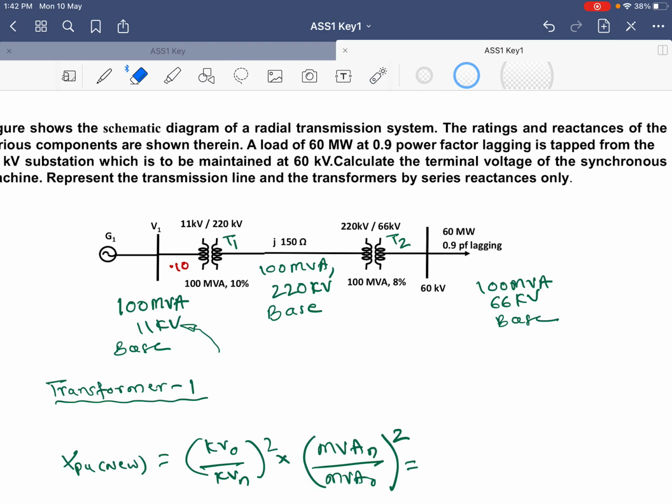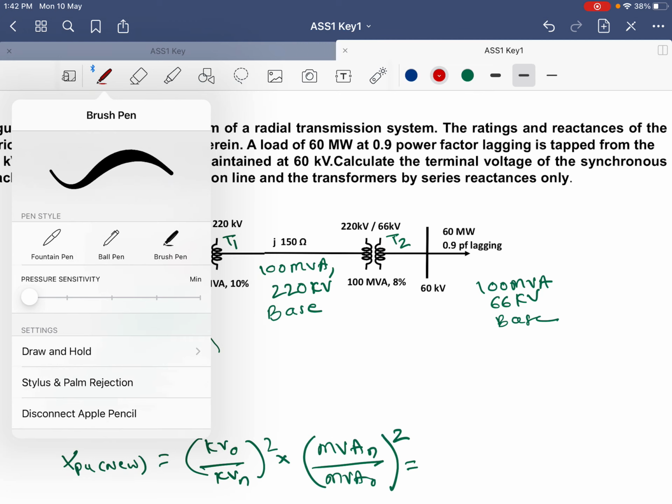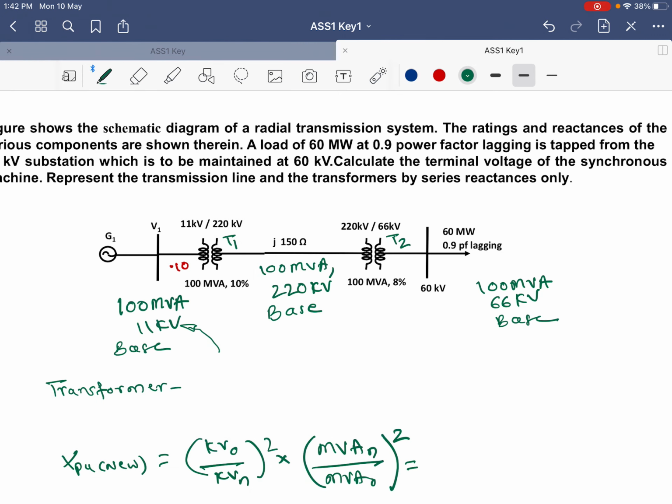Now I am looking into transformer 2. I am considering transformer 2, and I will refer to the transmission line side. What are the new quantities?